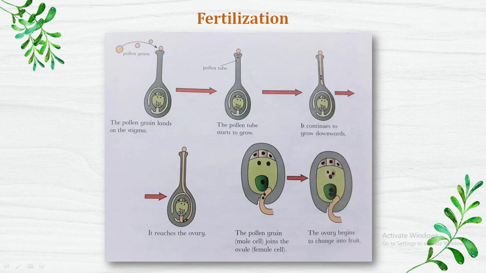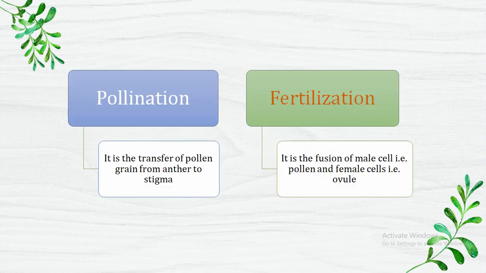You can see here the pollen passing through the pollen tube and reaching the ovules. Inside the ovary, the pollen and the ovule will combine together and make the new seed. So fertilization is basically the fusion of male and female cells.